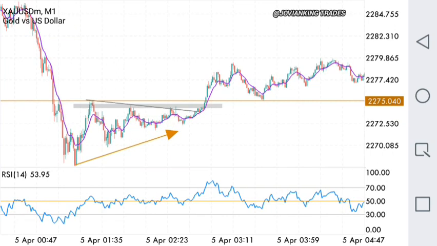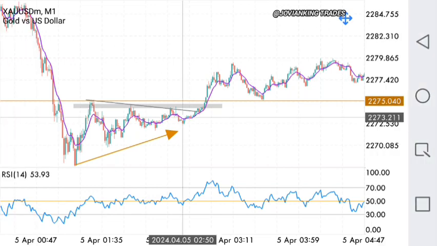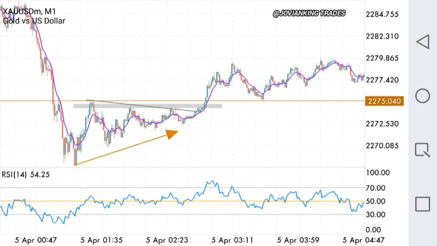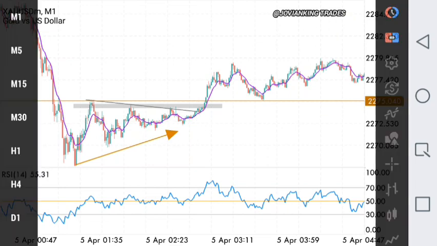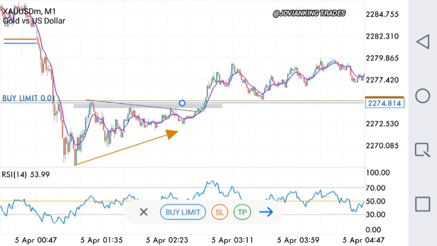For this particular breakout, although this happened early in the morning for people at UTC plus 1 and UTC, here it is 3 a.m. UTC and 4:06 a.m. UTC plus 1, as you can see there. And this happened today. So you take your trade at this particular place. Remember, you are making use of 0.01.